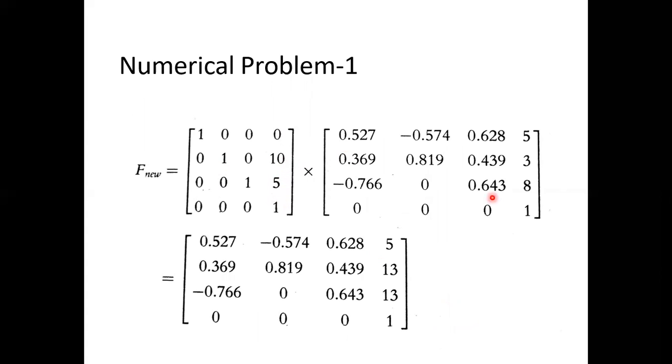If you multiply, you will get this answer. It is a simple concept. If you are going to translate one frame to another frame, it is very easy, because once you define the matrix for the translation, you can multiply it with the existing frame.